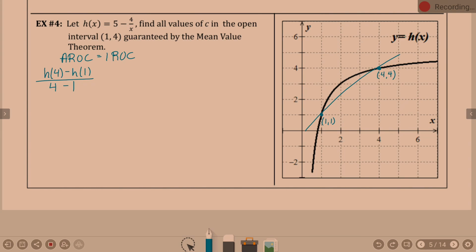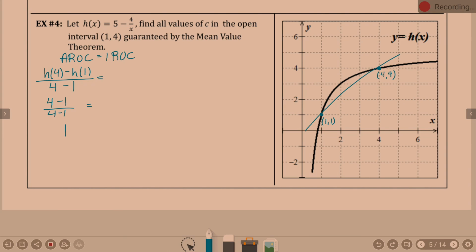If we want to go ahead and clean up that side, h of 4 is 4 minus 1, over 4 minus 1, which is 3 over 3, which is 1. Fair enough? Okay.